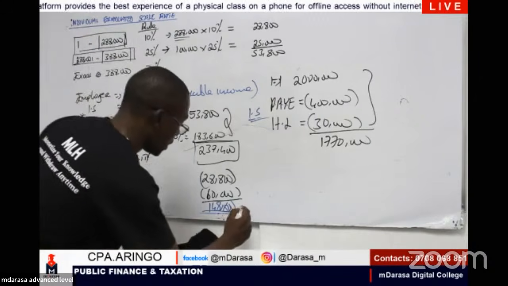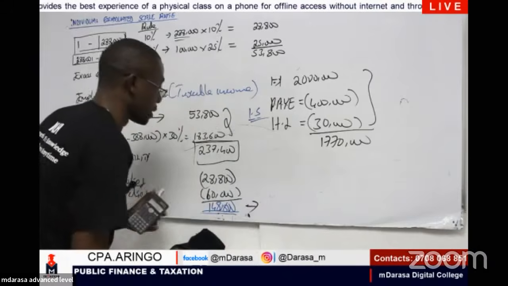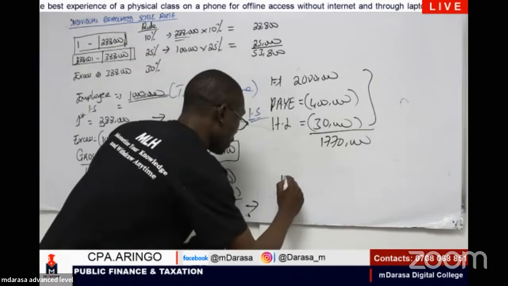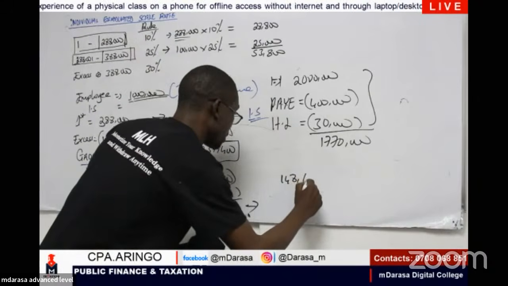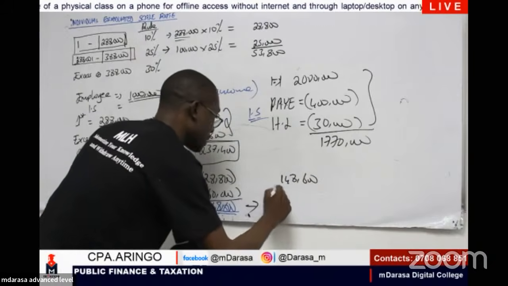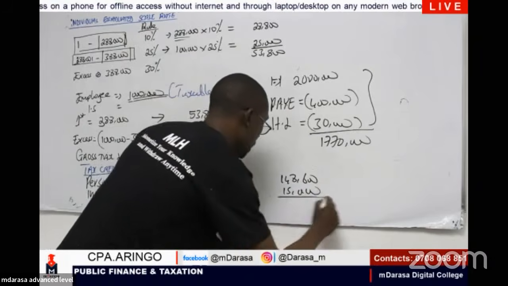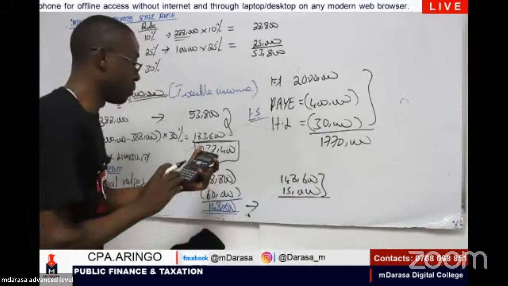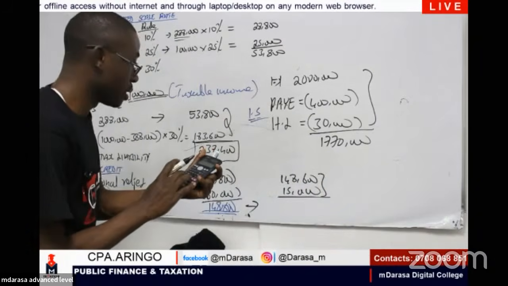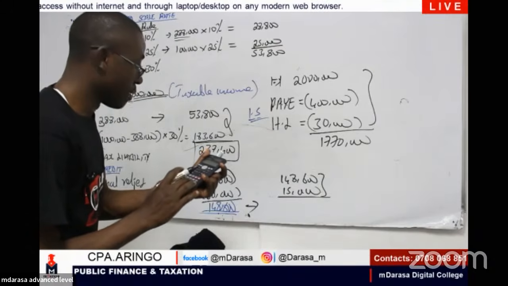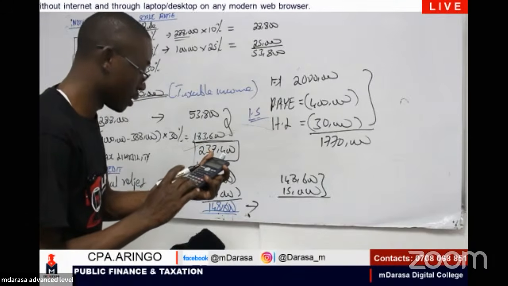So this is a tax aspect of the tax liability. I'd be having the 148,600 plus 15,000. So that at the end of the day, Mercy will pay the government 148,600 plus 15,000.